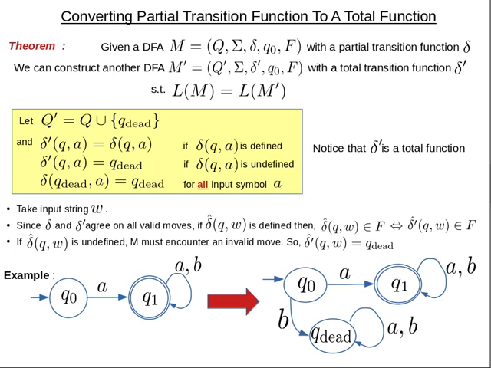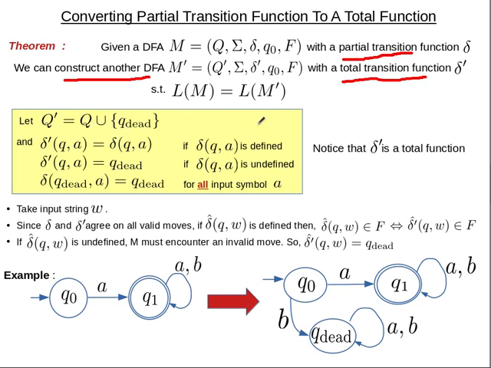So here we have a theorem that if we are given a DFA with a partial transition function, then we can construct another DFA with total transition function such that they accept the same language. And how do we do that? The construction is very simple. We introduce one more state.